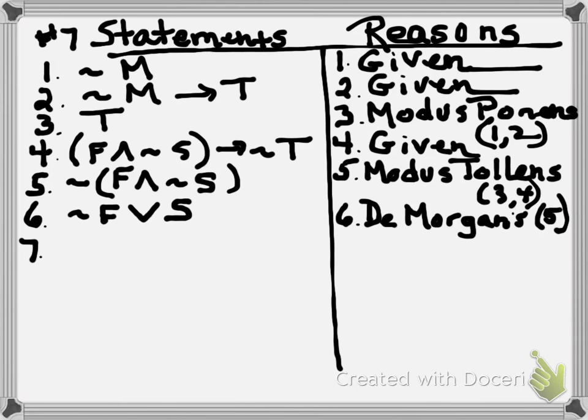and go to, this is a conditional, not F implies W together with not W. This is a conditional. The negation of the conclusion is true. That's not W. Therefore, the negation of the hypothesis, which is F, is true, because not W implies F is the contrapositive of the original. So I'm going to bring in not F implies W. That's given.